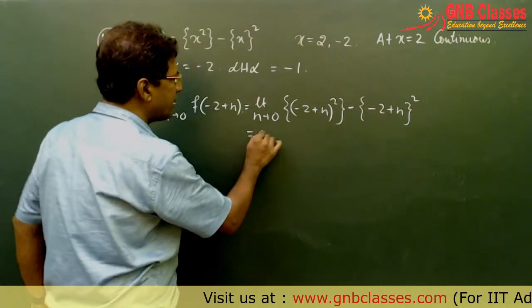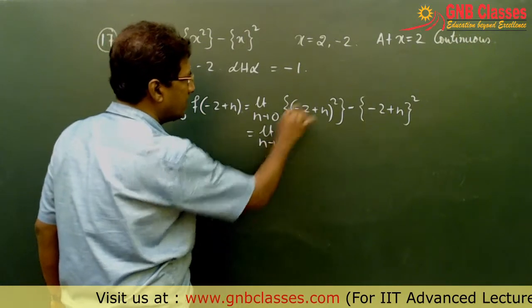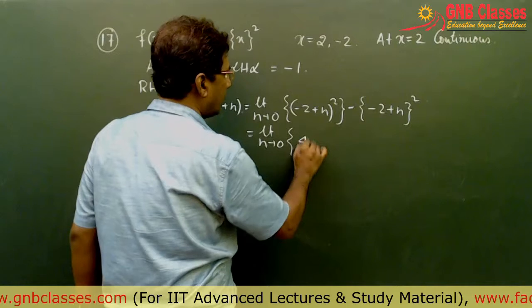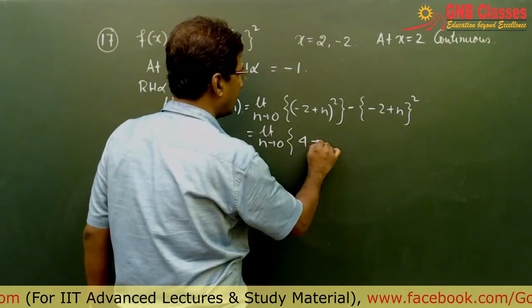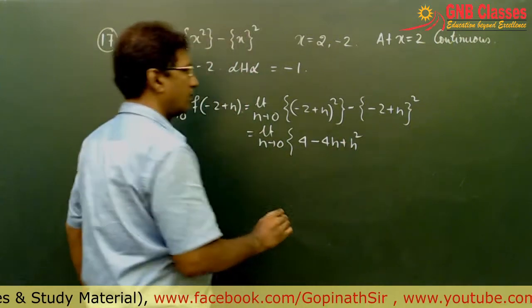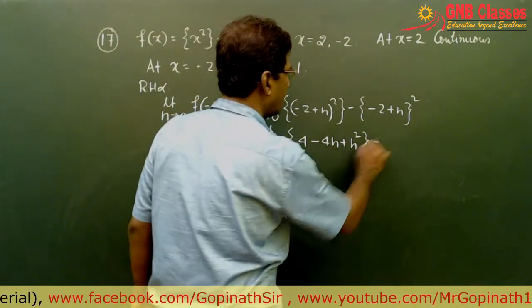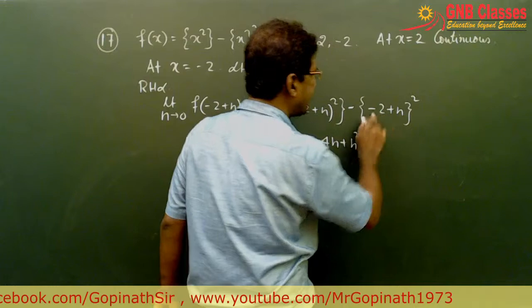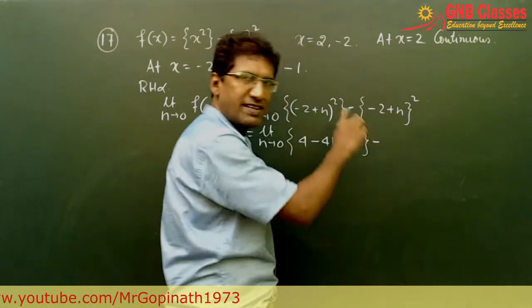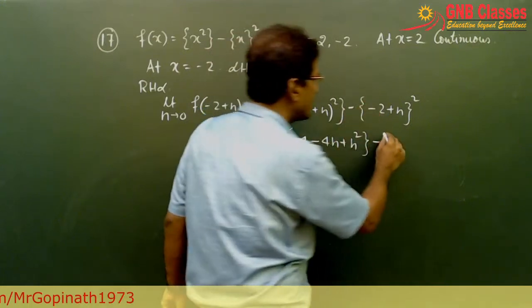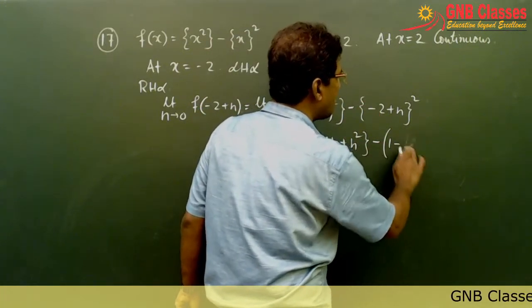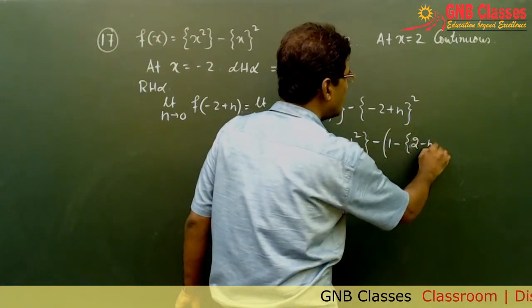If I open the bracket, it is again minus 2 plus h. Minus 2 plus h means if I take minus common, it is 2 minus h. So it can be written as 1 minus fractional part of 2 minus h.